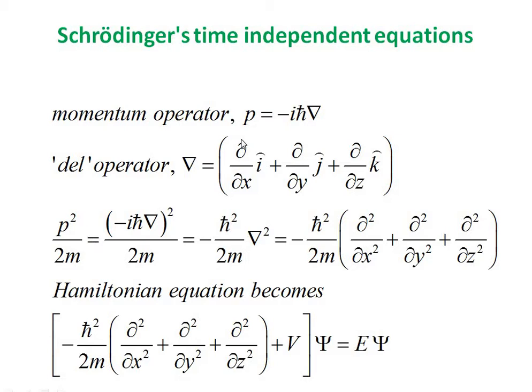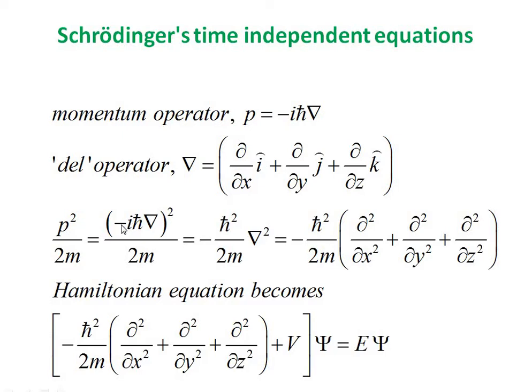Using this, our Hamiltonian becomes the kinetic energy part of the Hamiltonian, that's our p square by 2m, that will become p square. Let's substitute for p, that's minus i h cross del, so p square will be minus i h cross del whole square.